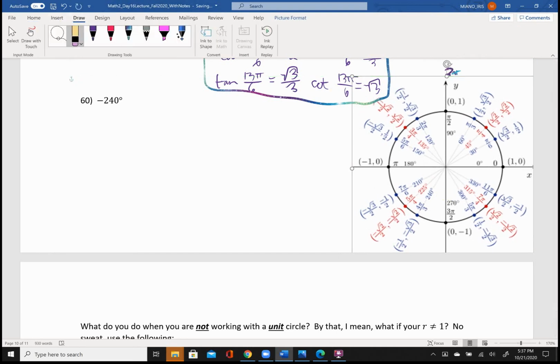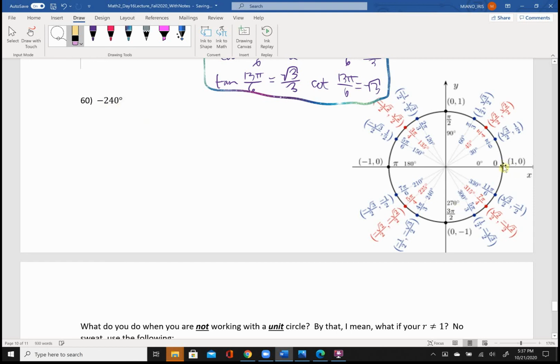Okay. Sorry, let's go ahead and erase this. Great. We know that 0 radians is the same as 2 pi radians. But we're not talking about radians for this next one. We're talking about degrees, and 240 of them, and it's a negative swing.